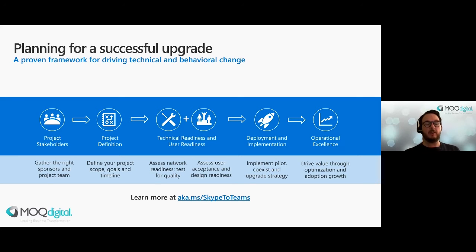And then the final piece is driving the value through optimization and growth. The great thing about Teams is that you have the capabilities to report on adoption. So understanding as an IT manager or a CIO how my staff are actually using the product. Are they using it for meetings? Are they using it for chat? Are they actually leveraging it every single day?